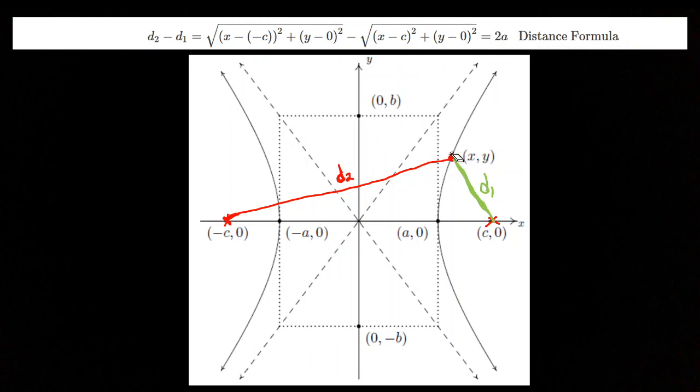We find the distance from x,y to that focus, which is going to be what? The square root of x2 minus x1 squared plus y2 minus y1 squared. And then the distance from here to here would be the square root of x2 minus x1 squared plus y2 minus y1 squared, right? And this has to be 2a.